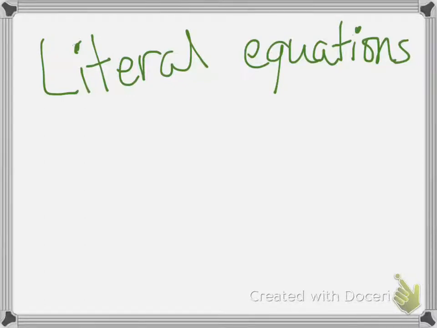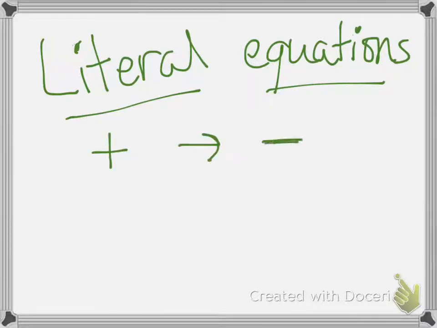Today we're going to talk about literal equations, and we're going to start by talking about equation operations. Remember that we can do anything to one side of an equation as long as we do the same exact thing to the other side of the equation. Now, if we have addition, we need to remember that that is undone by subtraction.